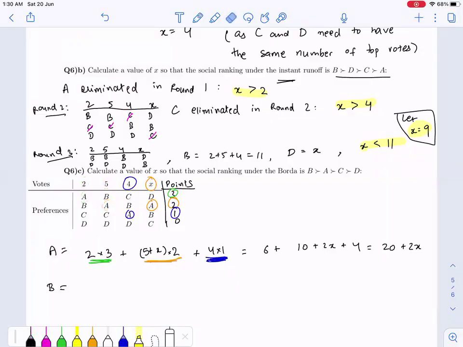So for B, 5 voters voted B as their top choice, so 5 times 3. 2, sorry, 2 voters, so 2 plus 4 voters voted B as a second choice, so 2 plus 4 times 2.